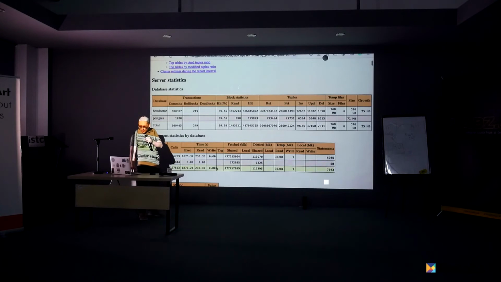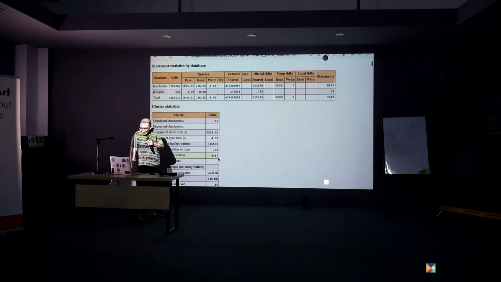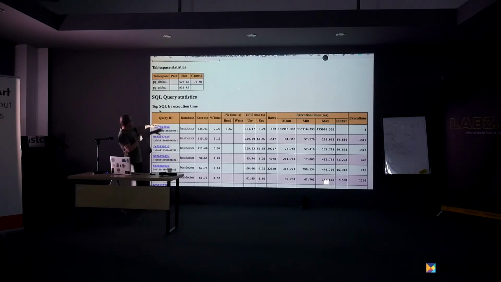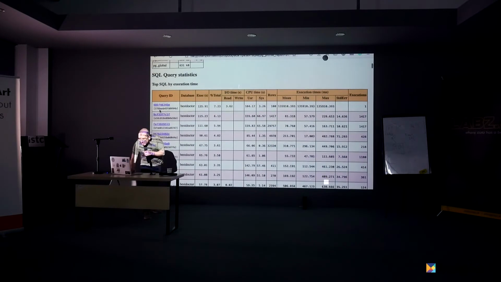I like them much more than CSV files for some reason. So I think the most useful part of this report is top SQL by execution time. It is the slowest queries which are called the most often. As simple as this.